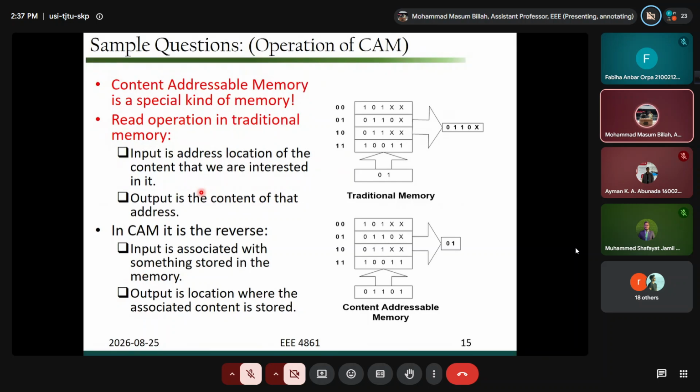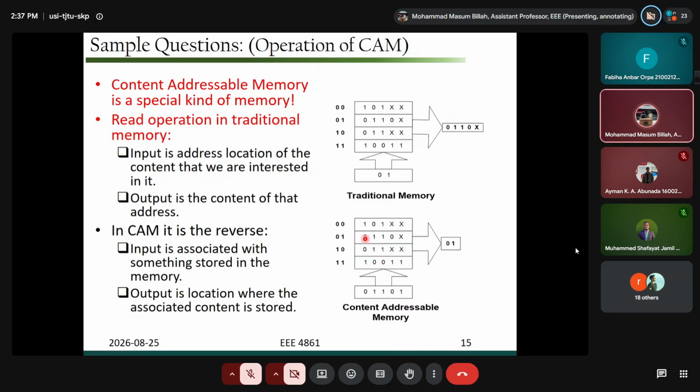But in CAM, the computing system will give you the data, and based on that data, you have to figure out what is the storage. So the storage may be, see here, 0, 1, 1, 0, 1, 0, 1, 1, 0. So the first 3 bits are the same, right?